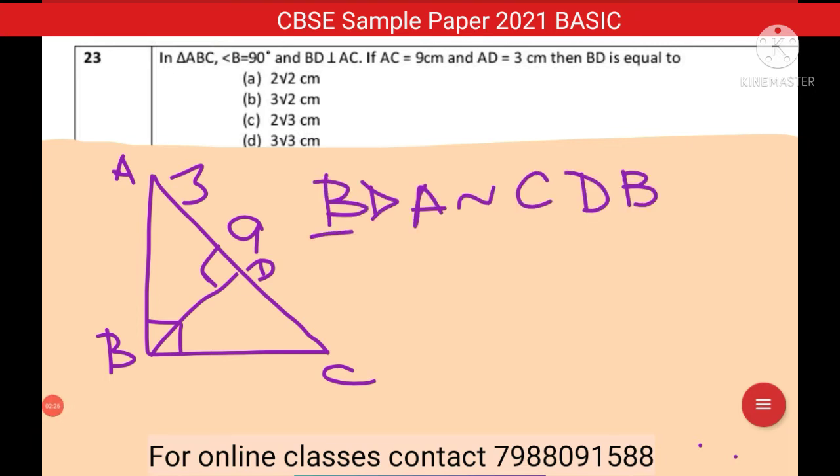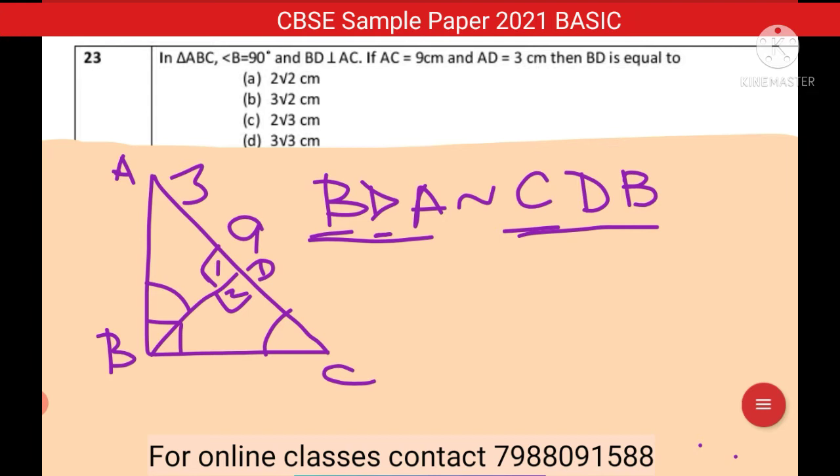Angle B of triangle BDA will be equal to angle C of triangle CDB. And angle D of triangle BDA, that is 90 degree angle, is equal to angle D, that is angle 2 of triangle CDB, 90 degree each. So these two triangles are similar and this order must be correct.